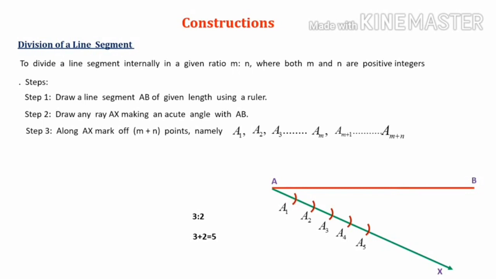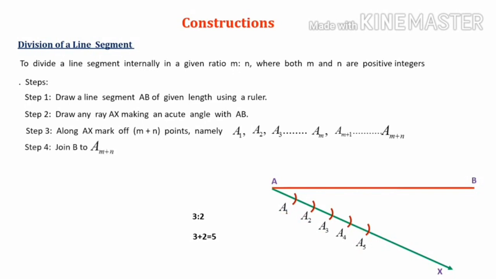Then using the same radius you have to fix the compass here and draw the same. By using the same length we have to draw the arc again. And again you have to fix the compass here and draw the arc, it will come here. And again you have to fix the compass here and draw the arc, it comes here. And again you have to fix it, draw the arc, and finally reach here. Then we have to mark these arcs as A1, A2, A3, A4, A5.